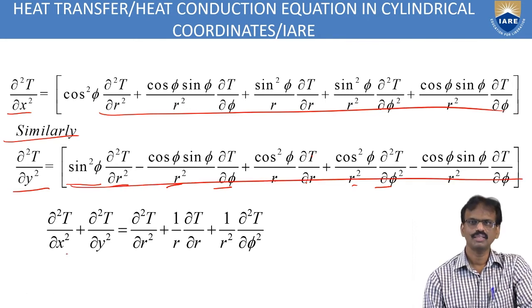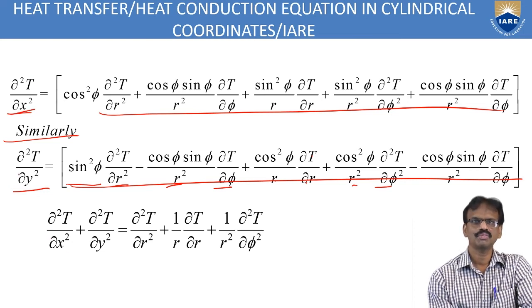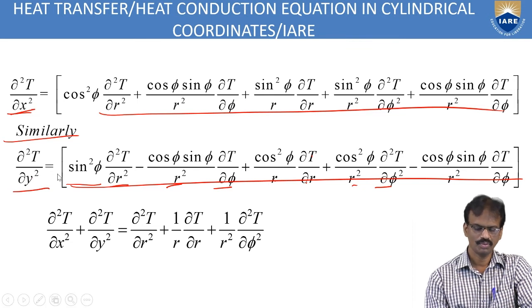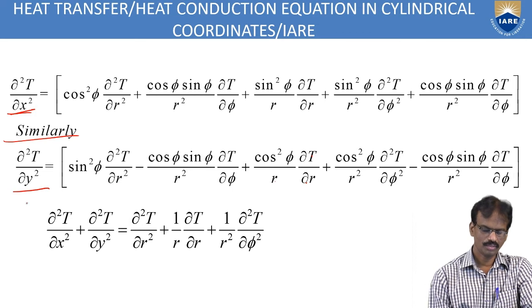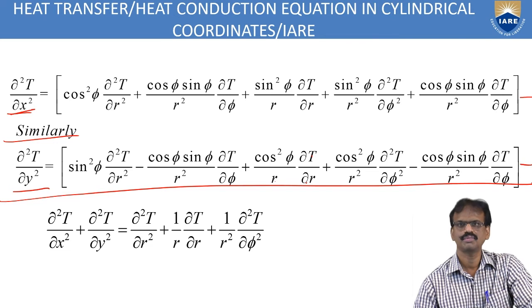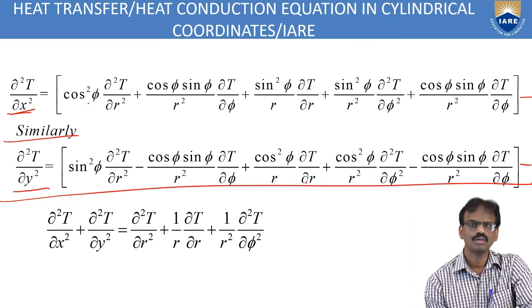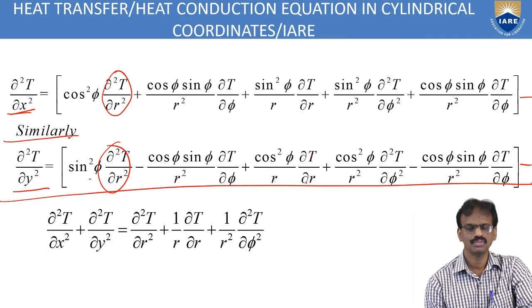If you add both, that means ∂²T/∂x² plus ∂²T/∂y², if you add these two equations, then we'll get cos²θ ∂²T/∂r² plus sin²θ ∂²T/∂r². Here ∂²T/∂r² is the common term, so cos² plus sin² equals 1.